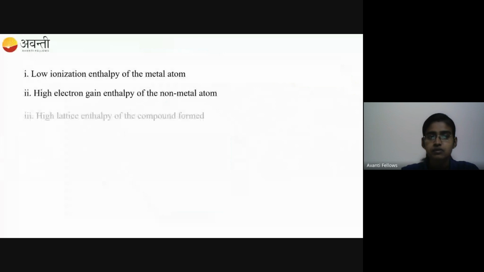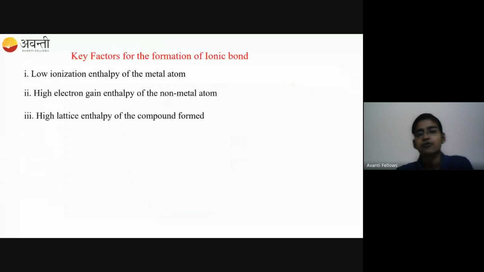Now, the key factors for the formation of an ionic bond. If an ionic bond has to form, it has to have some 3 criteria. The ionization energy should be very, very less for the atom. Suppose I'm taking sodium chloride, here sodium is the metal. So sodium's ionization energy value should be very, very less.